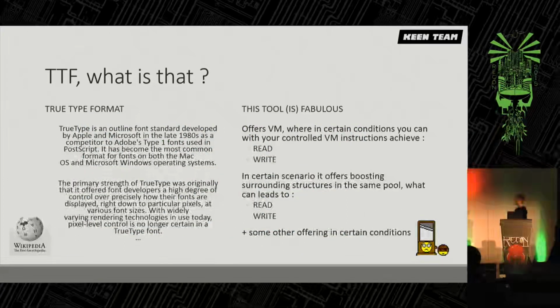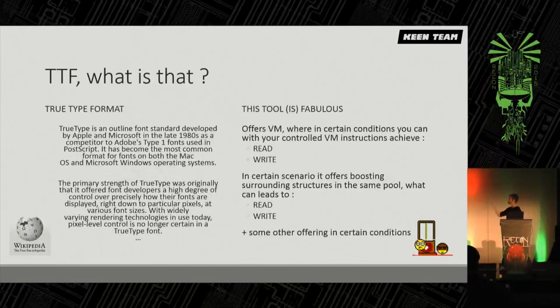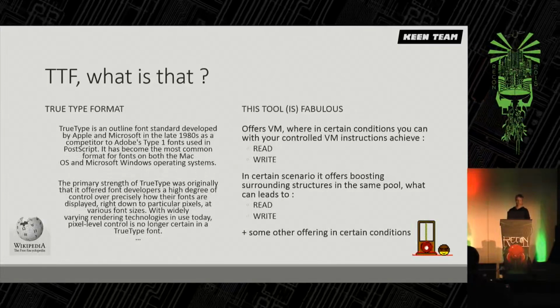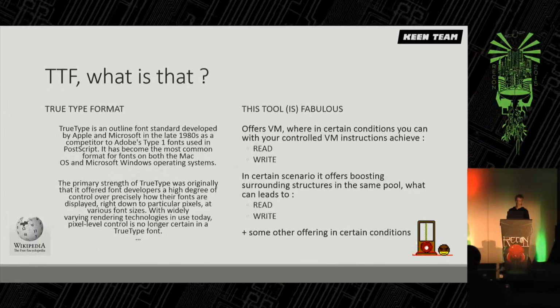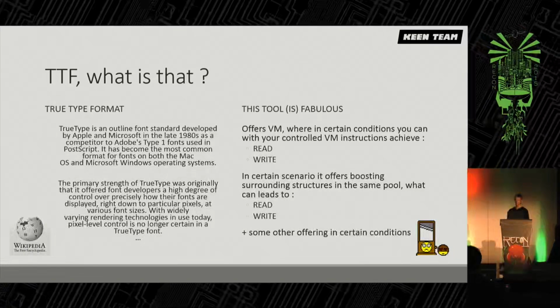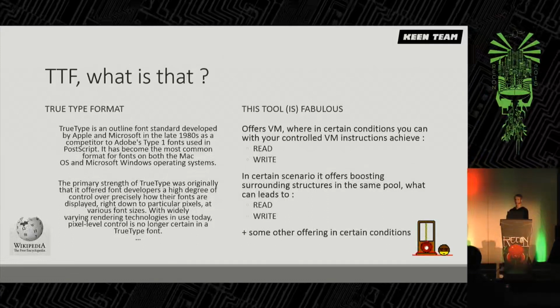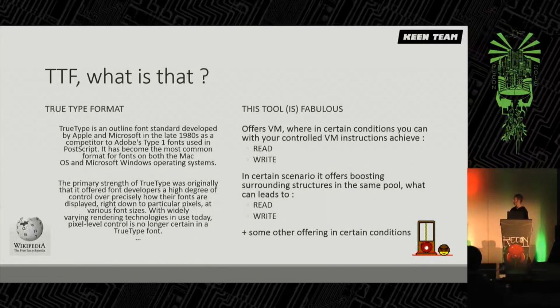So we can start with what TTF is. I put this from Wikipedia, and basically it's a system for showing the formats. But I was more focused on how to exploit it, how to execute those bugs.